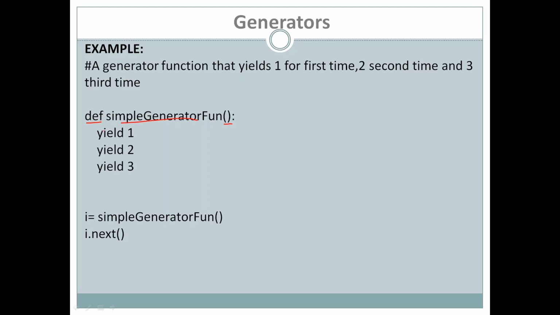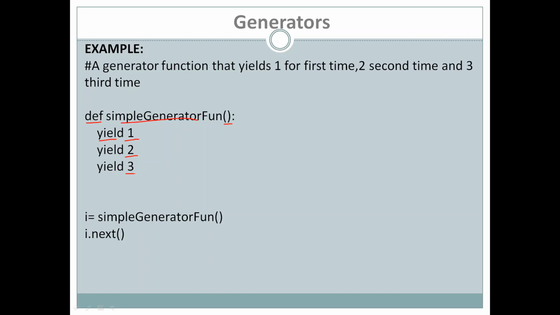But inside the function we have the yield keyword instead of a return keyword. Three yield keywords are used, and yield also works in a similar way to a return keyword, but there is a difference. Here, in the first case it is returning 1, in the second case it is returning 2, and in the third case it is returning 3.